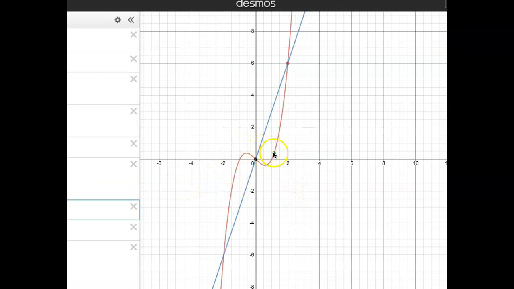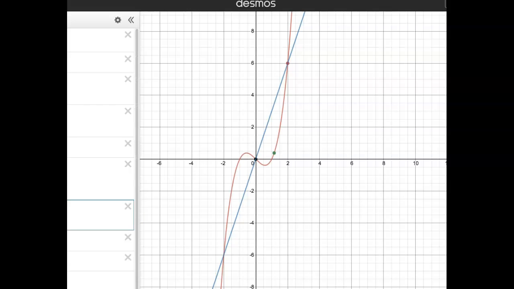All right, so if I wanted to draw a tangent line just to show you through that point, it would look like y minus the y coordinate equals my slope 3 times x minus the x coordinate.